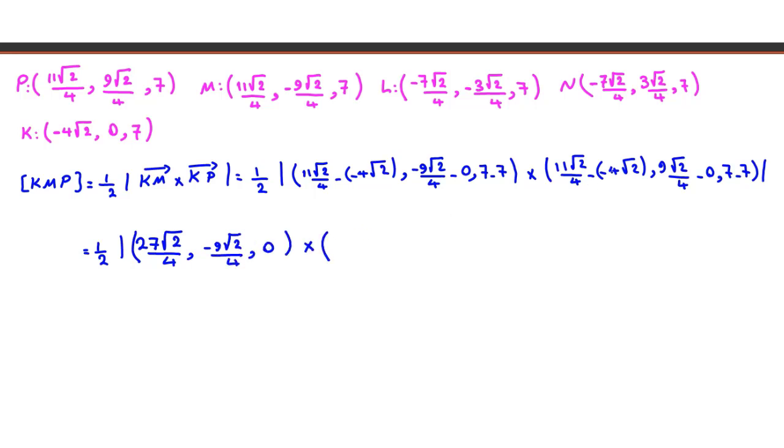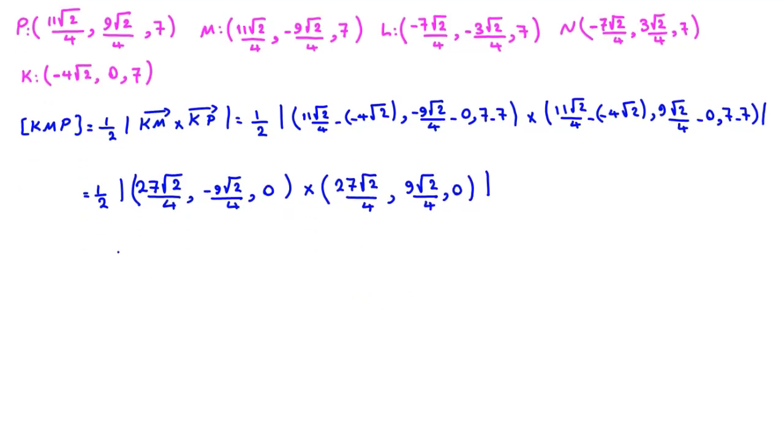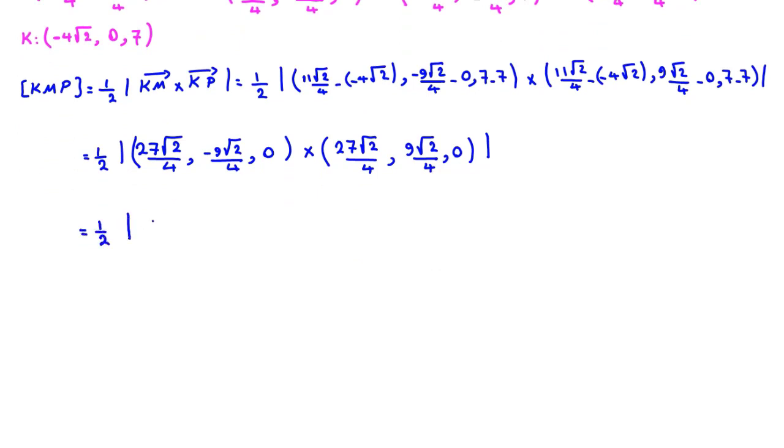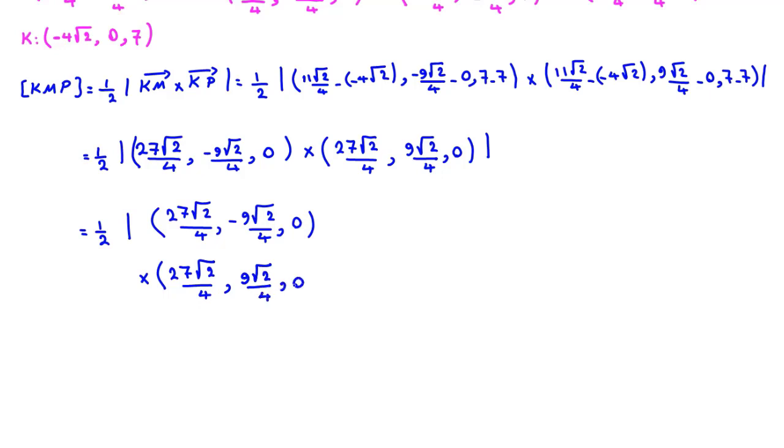Cross product. 16 plus 11, again 27 root 2 over 4, 9 root 2 over 4, and 0. Okay, so if you calculate this cross product, for x coordinate, this minus this, which will be 0.